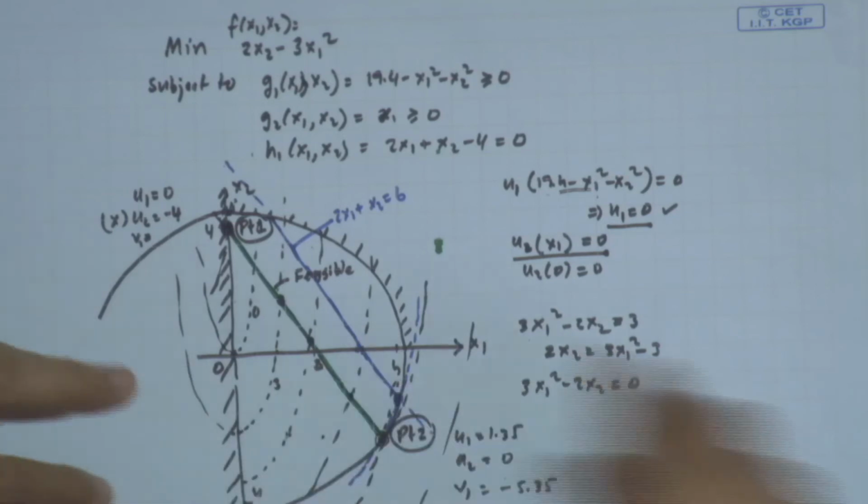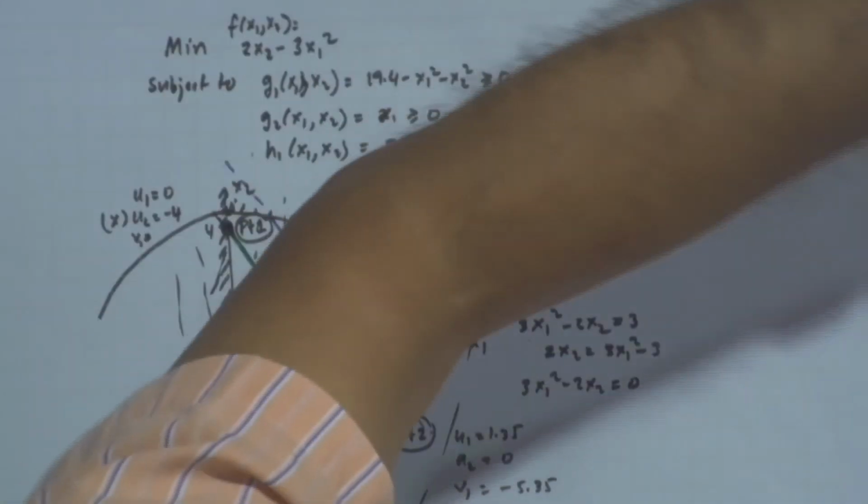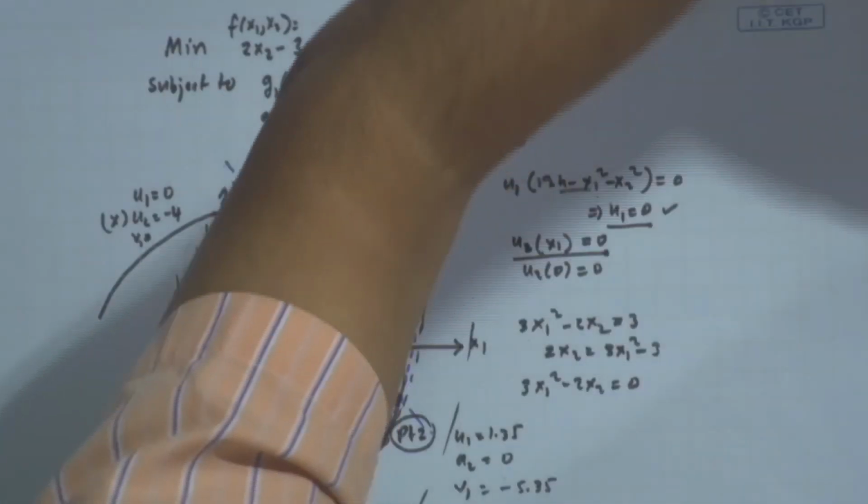So look at the formula that I have given you for the sensitivity analysis, which is on page 38.